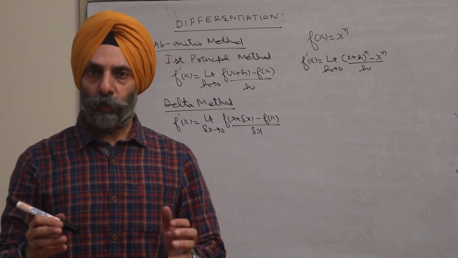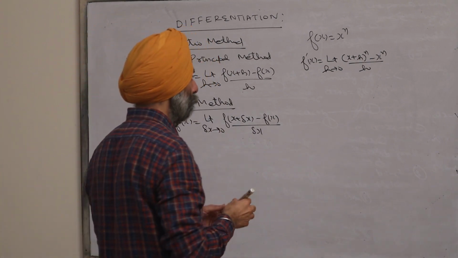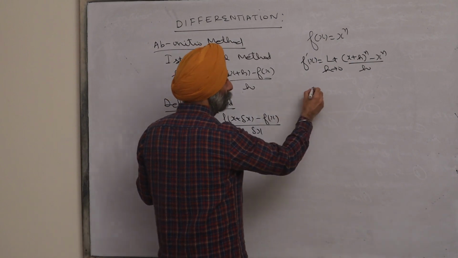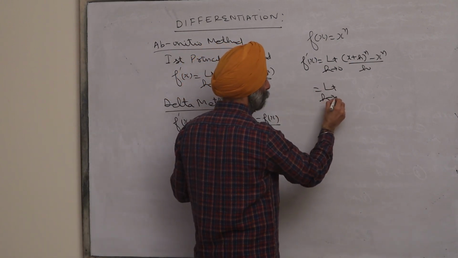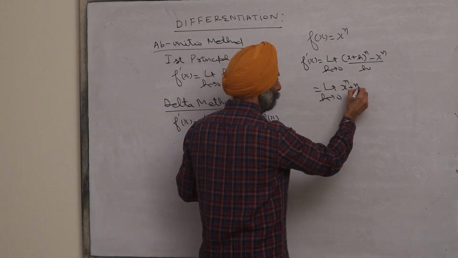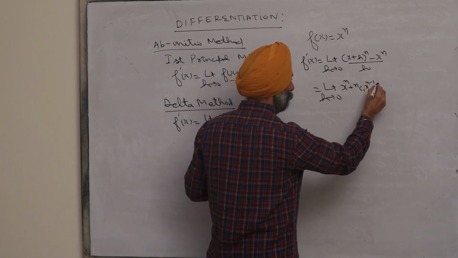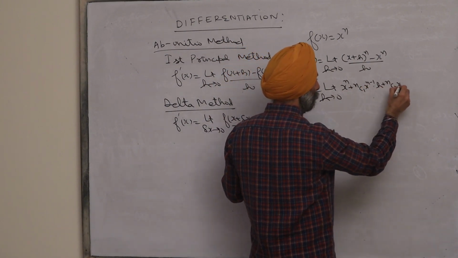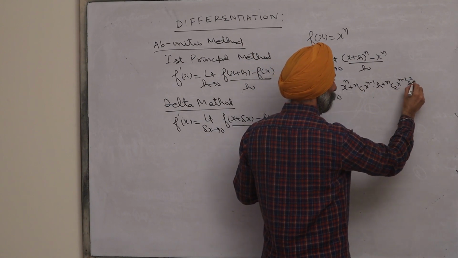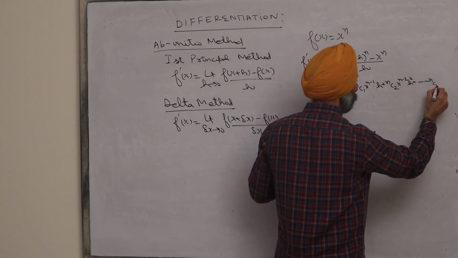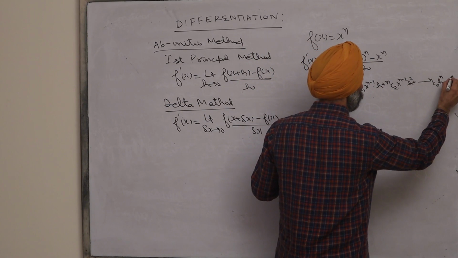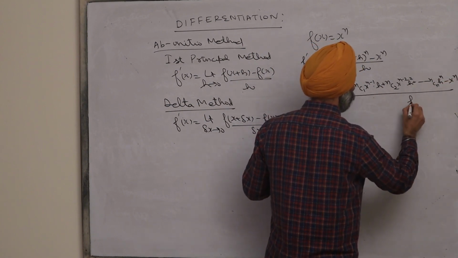Now x plus h raised to power n means that we need to know the binomial. So this is limit h approaches to 0 x raised to power n plus nC1 x raised to power n minus 1 into h plus nC2 x raised to power n minus 2 into h square, and so on, nCn h raised to power n, minus x raised to power n upon h.